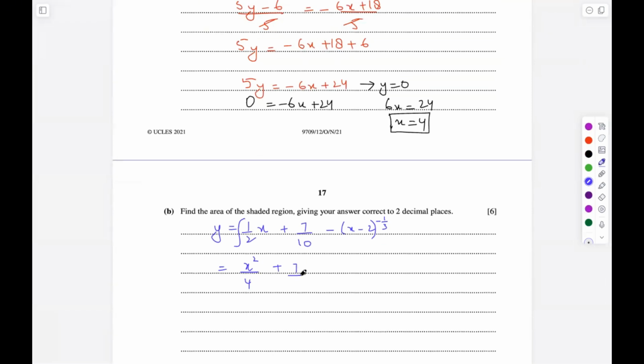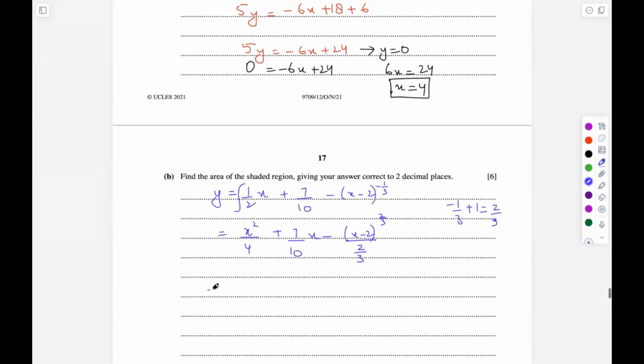This will become 7/10 x. And now increasing the power by 1, (x − 2) to the power −1/3 + 1 will become positive 2/3, and we divide by the new power 2/3. So this will be x^2/4 + 7/10 x − 3/2 (x − 2)^(2/3).